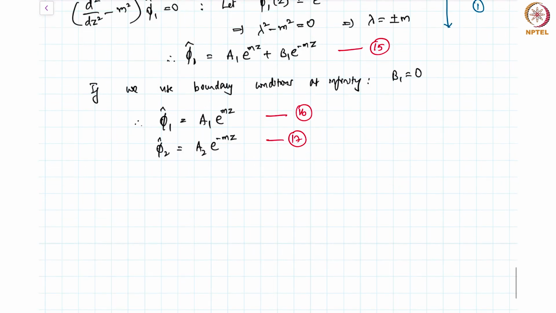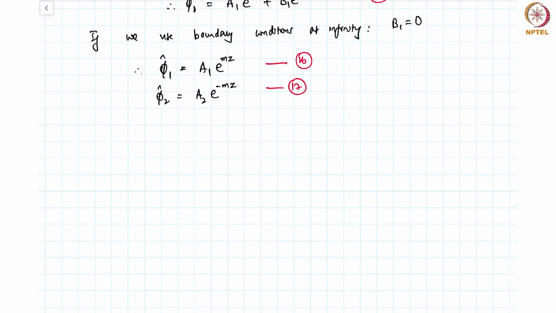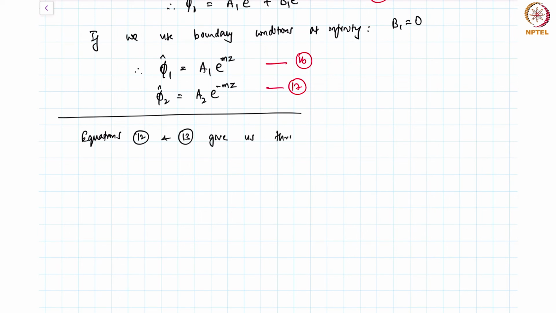Now, equations 12 and 13 give us three homogeneous linear algebraic equations.